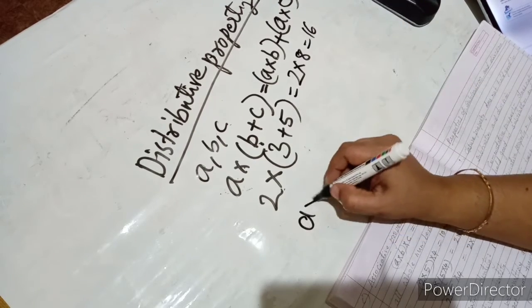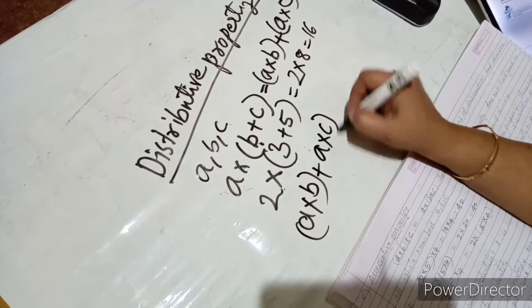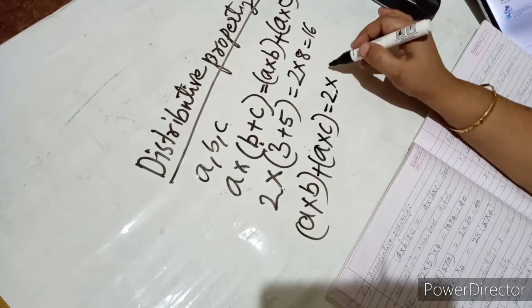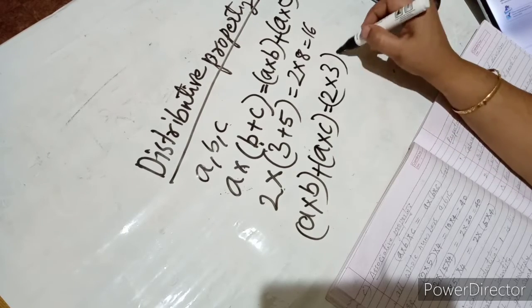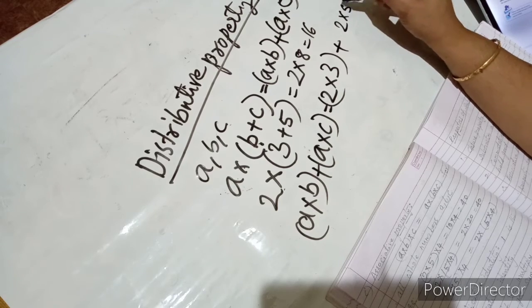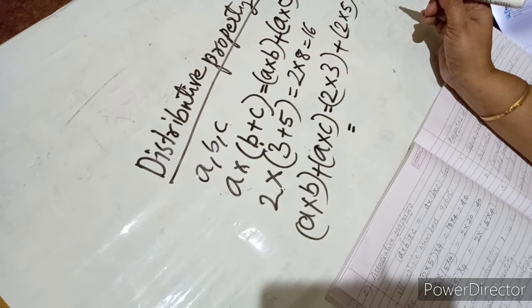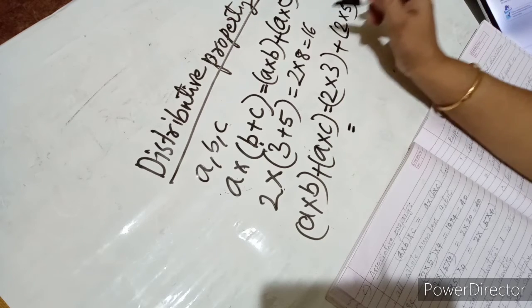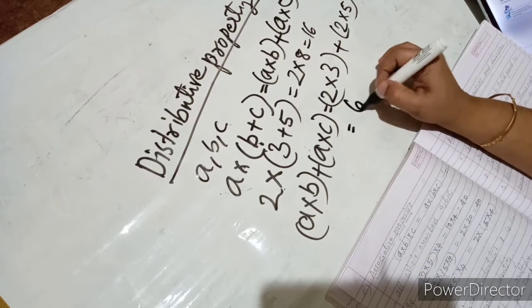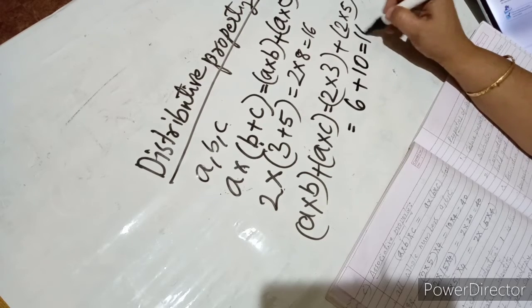Now A multiplied by B plus A multiplied by C: 2 multiplied by 3 plus 2 multiplied by 5, that is 6 plus 10 is 16.